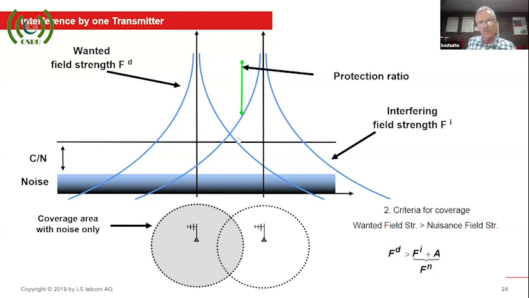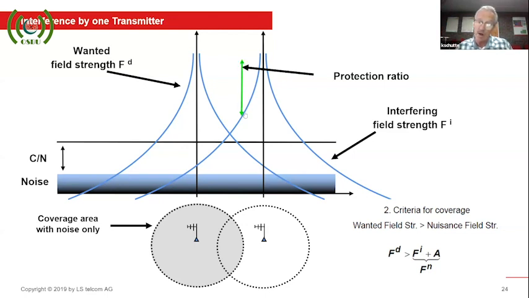And so the next thing to look at is the protection ratio. Again, I spoke about protection ratio yesterday, and we said that for co-channel in a digital network or a DVB-T2 network, we need approximately 20 dB. So the level difference from there to there is 20 dB.